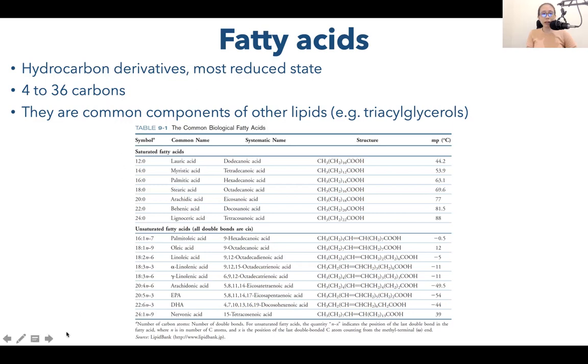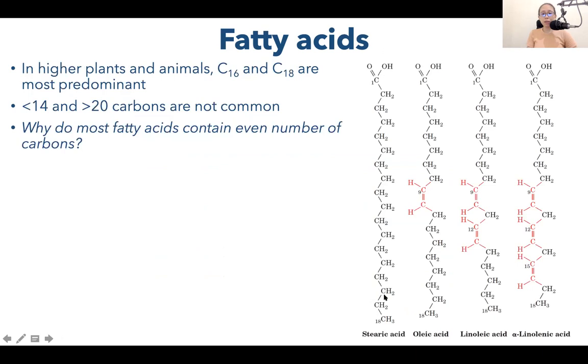So if you look at the structures, for example, of stearic acid. So this is stearic acid composed of 18 carbons. You see that you have a very long hydrocarbon chain, and then you only have one functional group at one end, which is your carboxyl functional group.